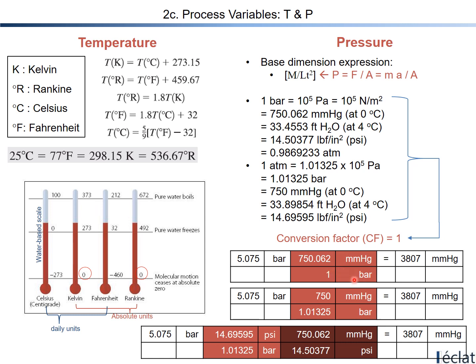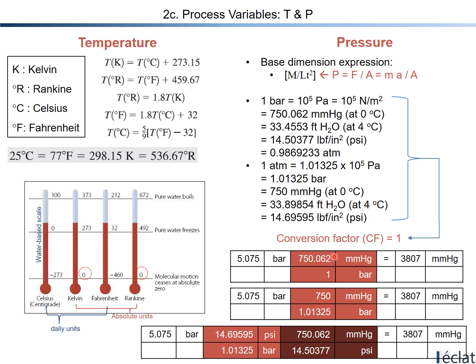So it means this value divided by this value is equal to 1. This is just 1 without any unit, right? This is called conversion factor. Conversion factor should be always just 1.